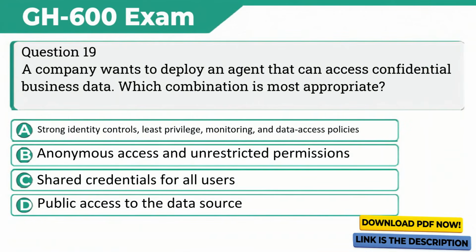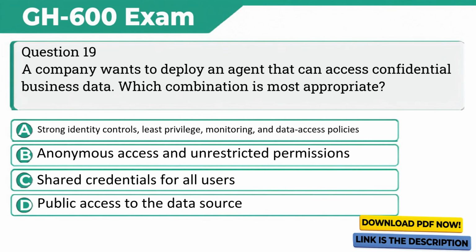Question 19. A company wants to deploy an agent that can access confidential business data. Which combination is most appropriate? A. Strong identity controls, least privilege, monitoring, and data access policies. B. Anonymous access and unrestricted permissions. C. Shared credentials for all users.